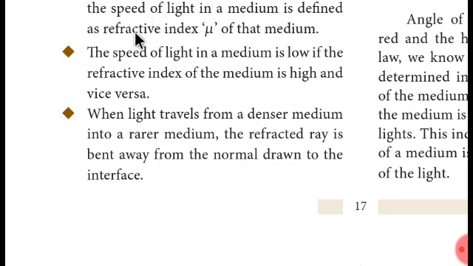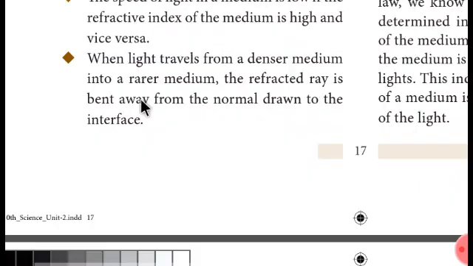The refractive index of diamond is 4, so the speed of light is slow. Rhyming, super, just for fun. And then vice versa is just the inverse: the speed of light in a medium is high if the refractive index of the medium is low. That's what they wrote as vice versa.